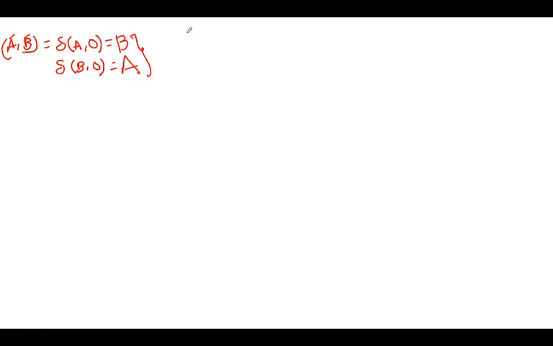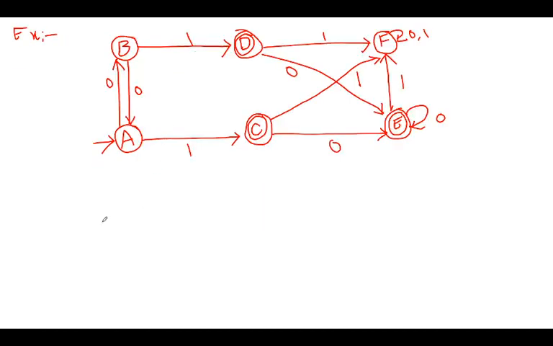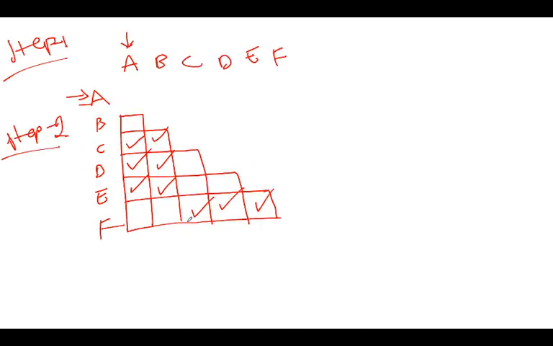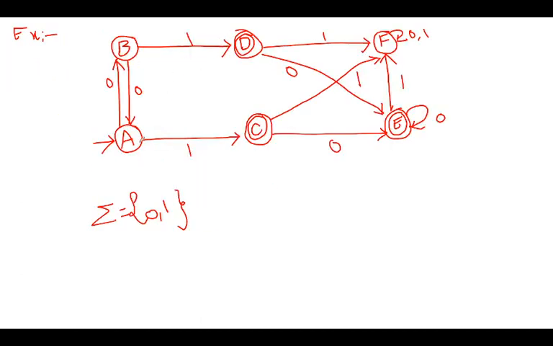Now we have to try the next input symbol, A comma 1, because the input symbols are 0 comma 1, only those two.